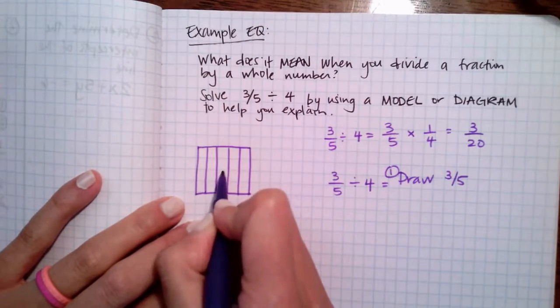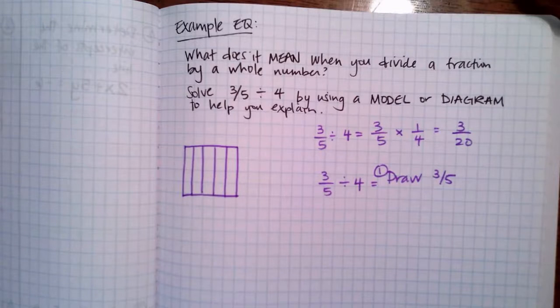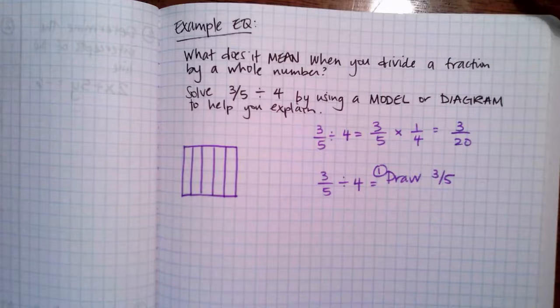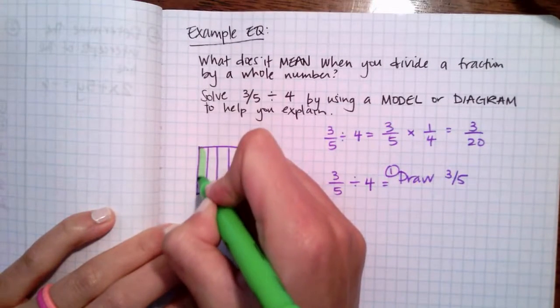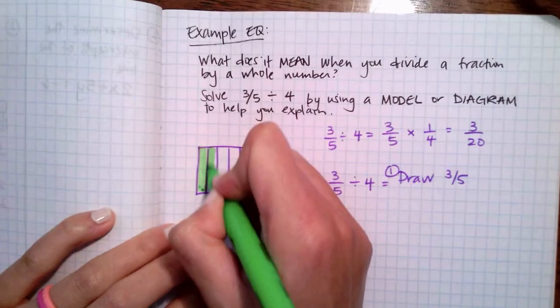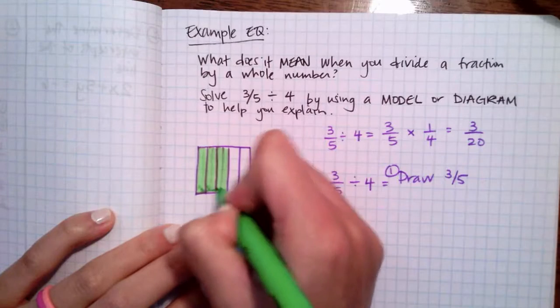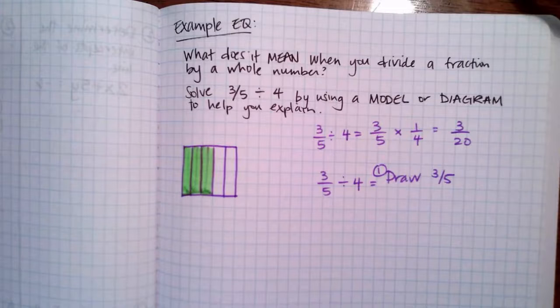I have 1, 2, 3, 4, 5 fifths, and they want 3/5. So I'm going to highlight 3 out of those 5/5 with a highlighter. So here's 1/5, 2/5, and 3/5. So far, for 3/5 divided by 4, I first have to set up my first number, 3/5.